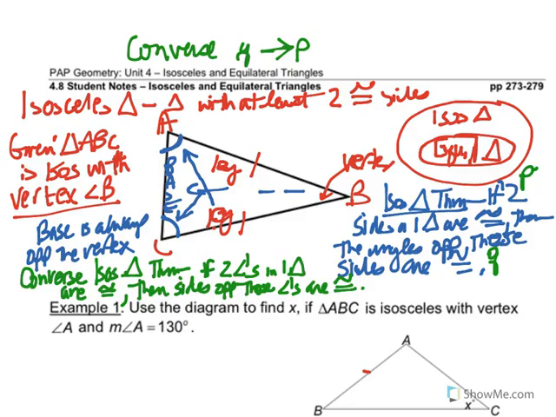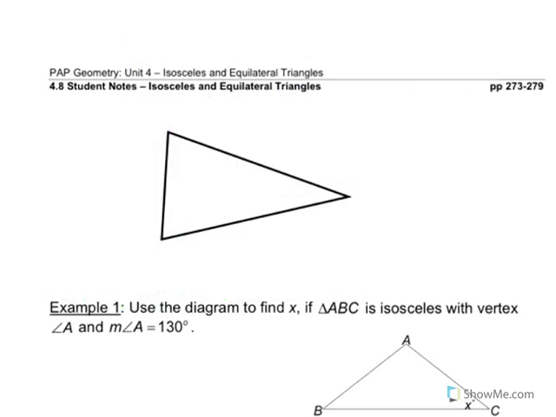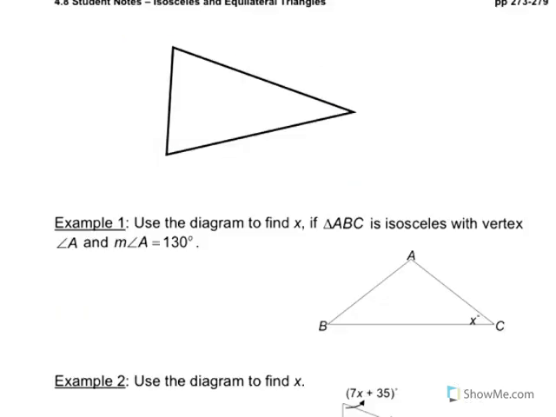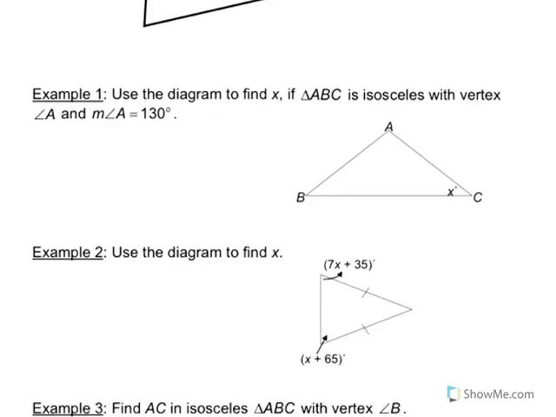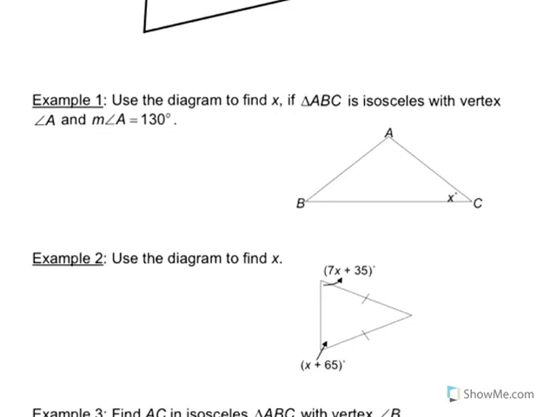Okay, so let's look at some examples of this. We'll start with example 1 here. It says, use the diagram to find x if triangle ABC is isosceles with vertex A and the measure of angle A is 130 degrees.